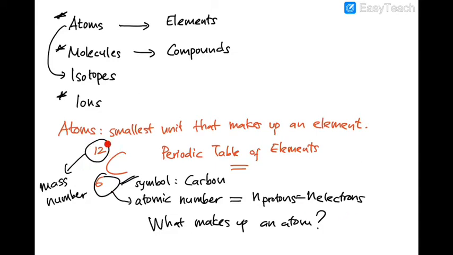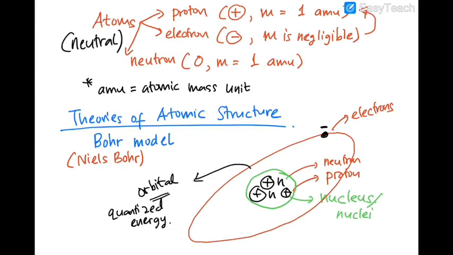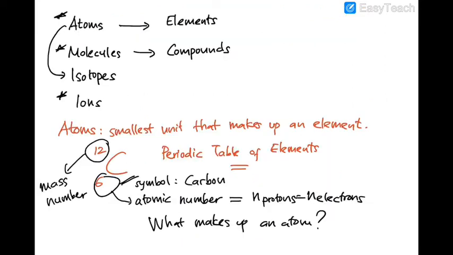Now, 12 is the mass number. Since we have agreed that the subparticles that have mass are the protons and the neutrons, the mass number is determined by the number of protons added to the number of neutrons.